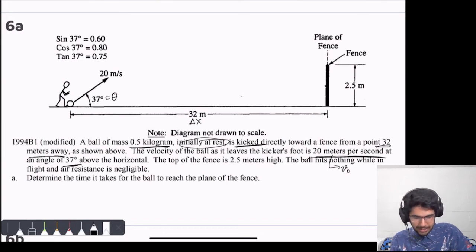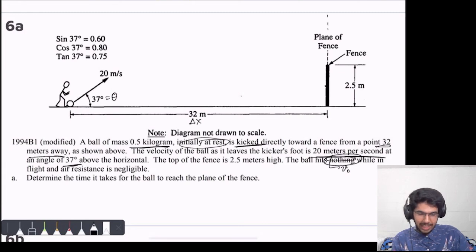The top of the fence is 2.5 meters high. The ball hits nothing while in flight, and air resistance is negligible. So we want the time it takes for the ball to reach the plane of the fence. So that just means it has to reach this point, 32 meters away.